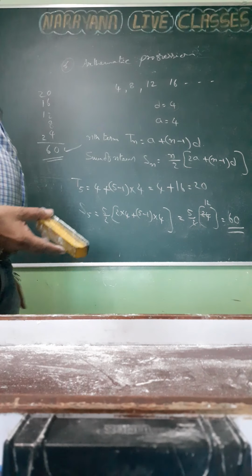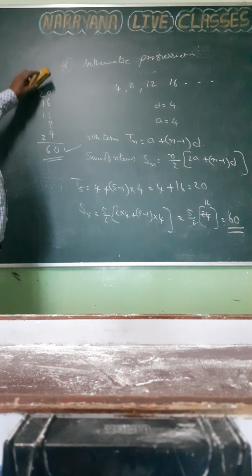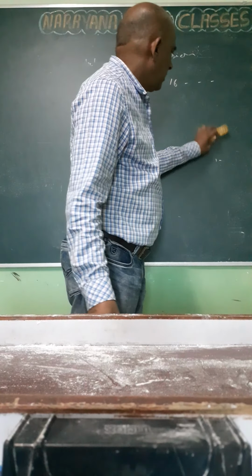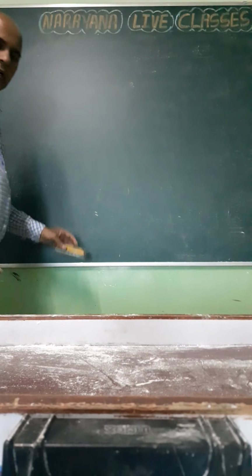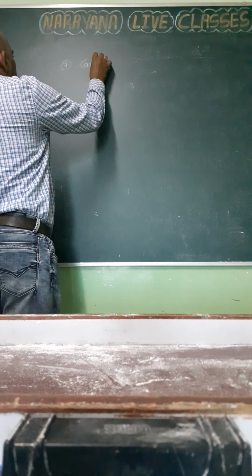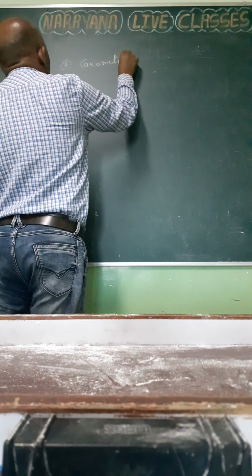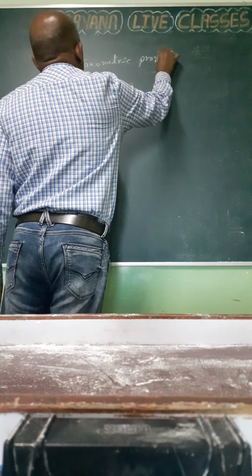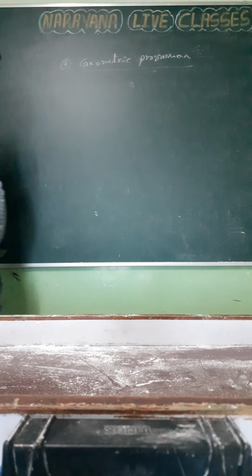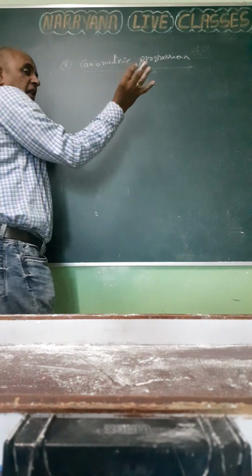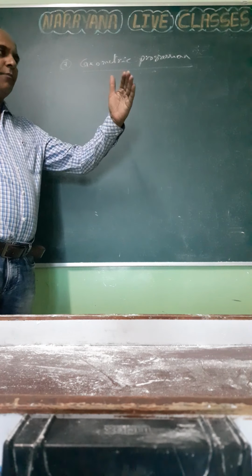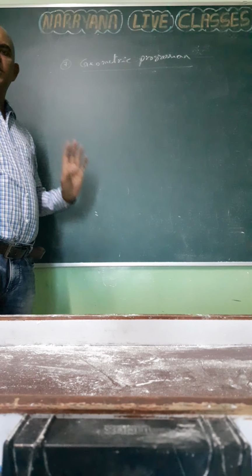We use this topic in the sound chapter. Number 7, geometric progression. In a geometric progression, the ratio of the second number to the first number is constant, that is called GP.